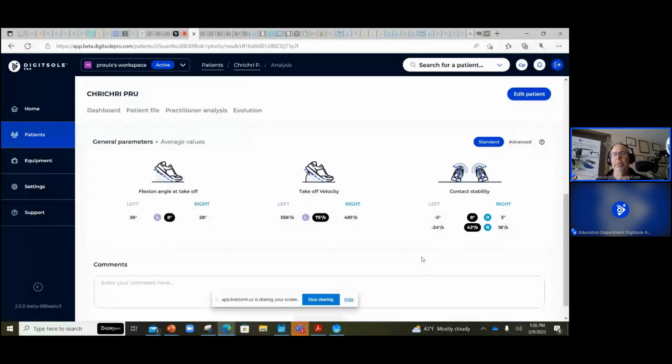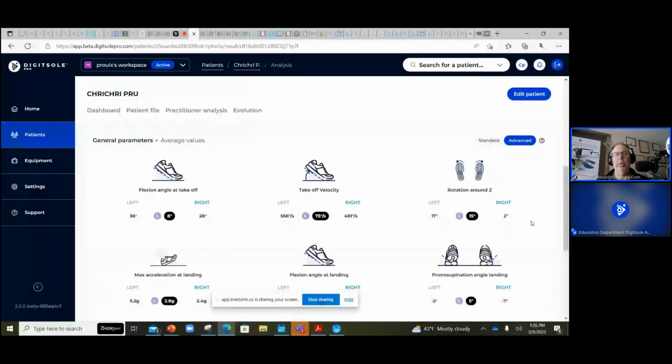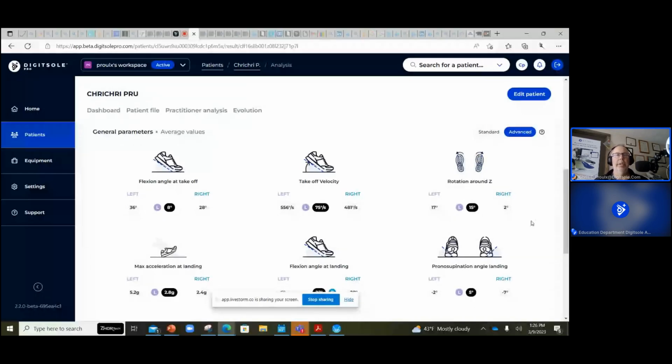I showed an example of a jumper, I think it was 2 months ago. Even though he normally landed well, the problem was that his deviations were so far off, he wasn't able to correct that. Right. And so that's what we're talking about, the ability to become stable as quickly as possible.